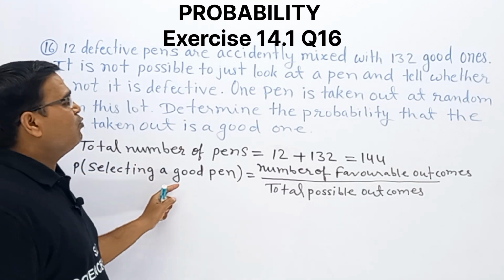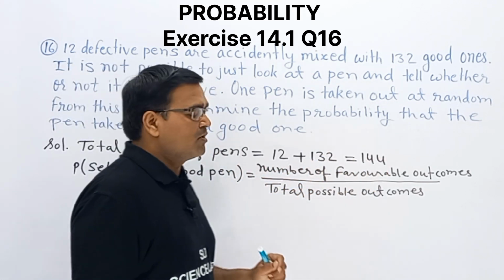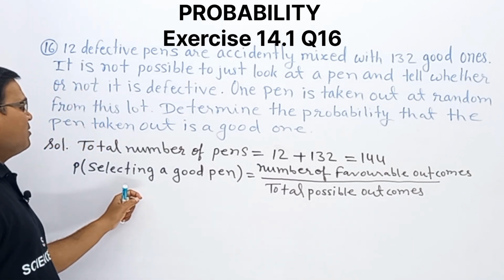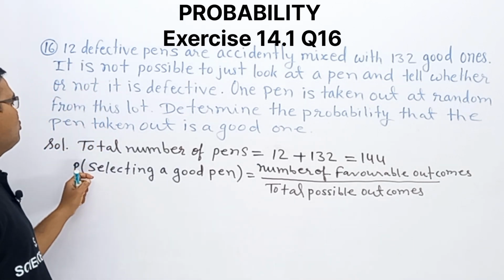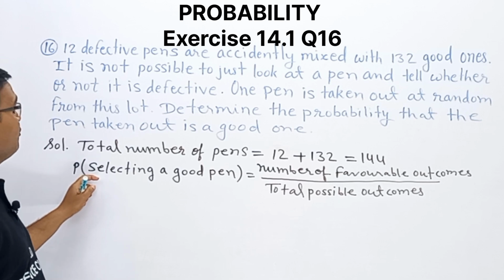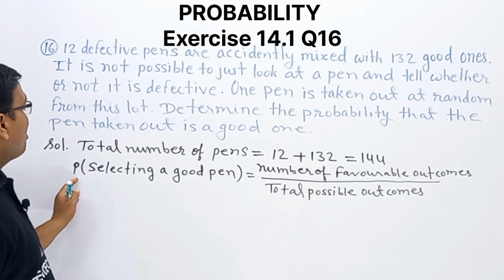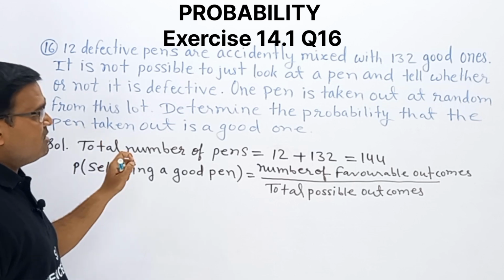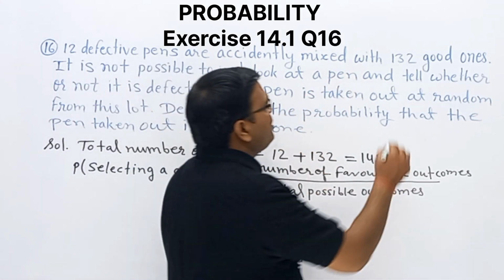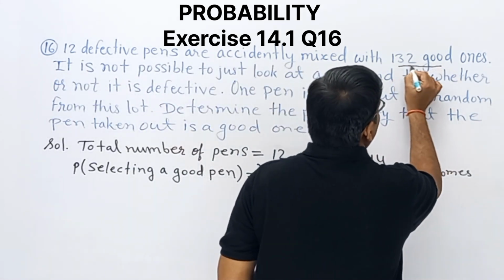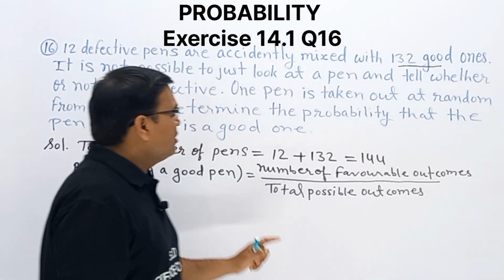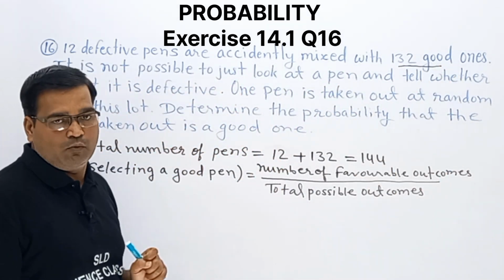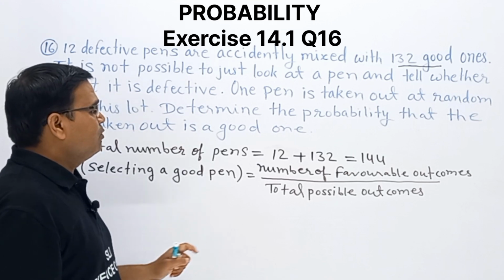Probability of an event is number of favorable outcomes divided by total possible outcomes. But in this case, what are the favorable outcomes? We want the probability of selecting a good pen. In this case, we are having 132 good pens. So, number of favorable outcomes will be 132.